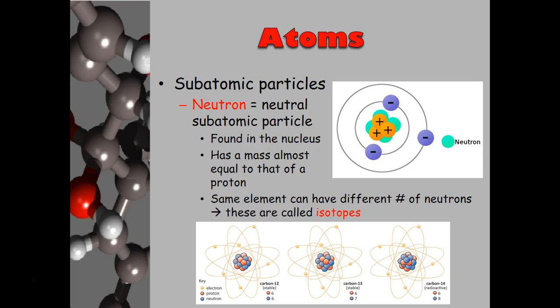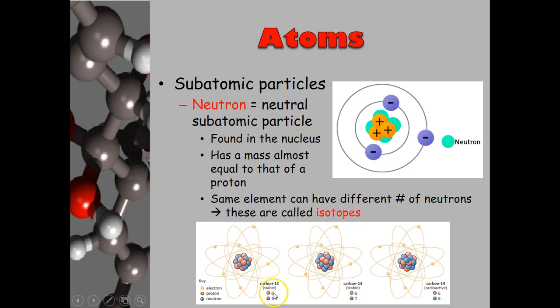That being said, if I change the number of protons, remember I changed the element, but if I change the number of neutrons in an atom, I still retain that element, but now I've got something called an isotope, and that's what you see down here along the bottom. So if I take a look at isotopes, I'm dealing all with carbon, right?